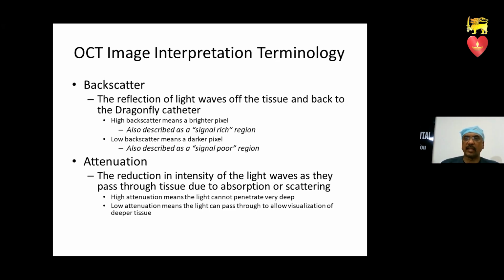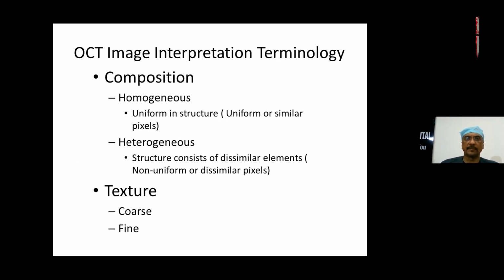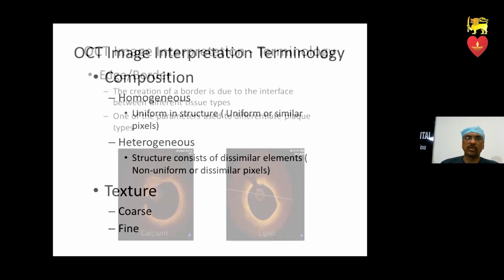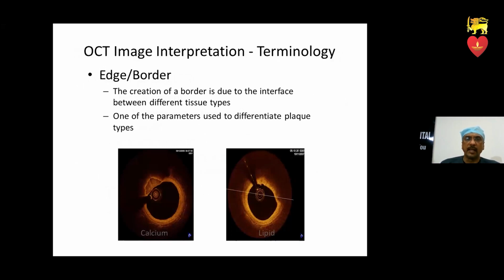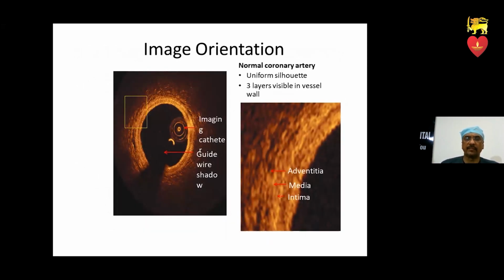Attenuation refers to the reduction in intensity of light waves as they pass through the tissue. The composition of the tissue that we see can be homogeneous, heterogeneous, coarse, or fine. And we use the word edge or border, which refers to the interface between different tissue types.